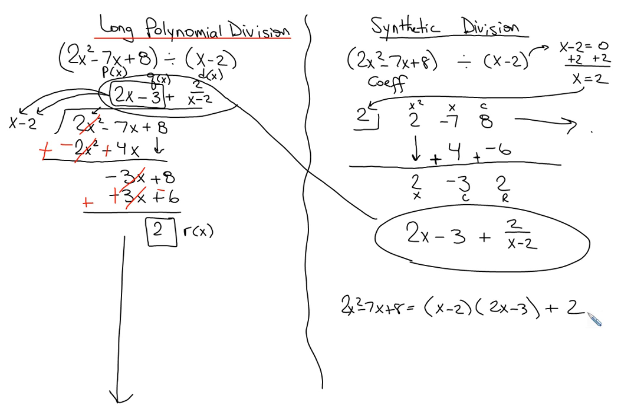Now, the benefits of synthetic division are tremendous, but there is a drawback. If there wasn't a drawback, there'd be no need for me to show you long polynomial division.